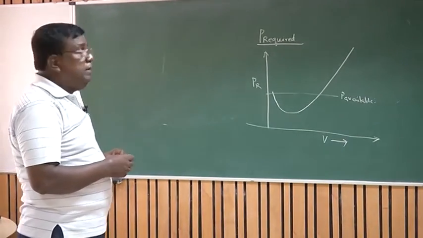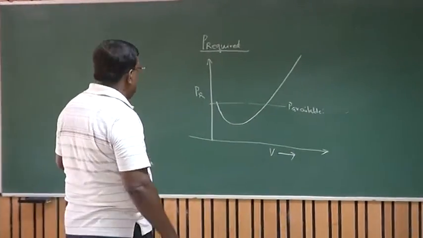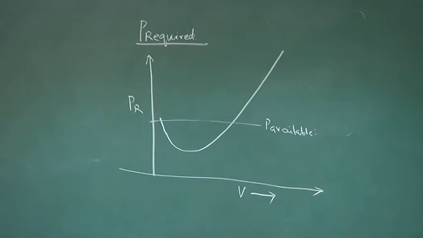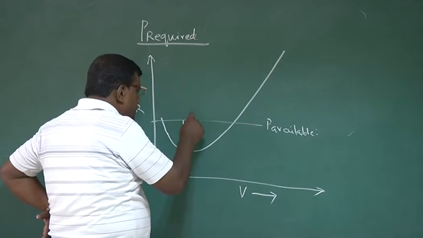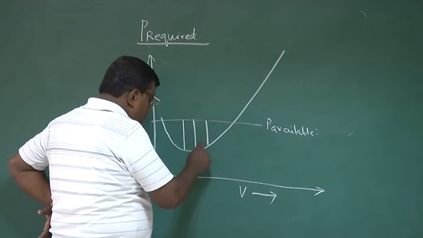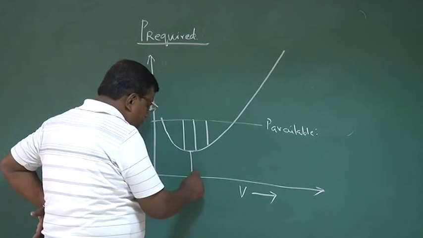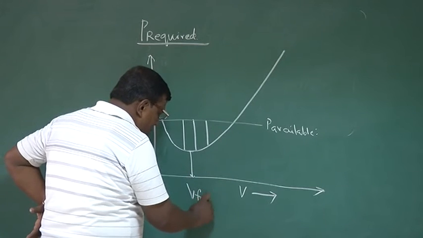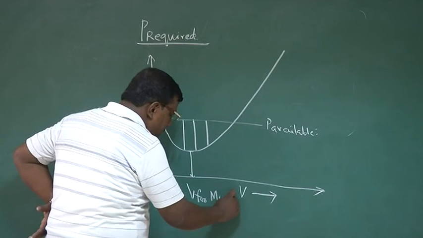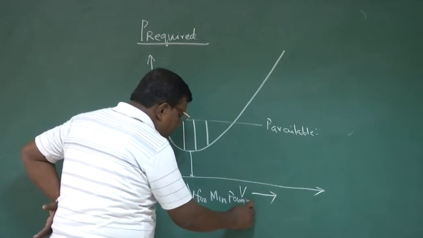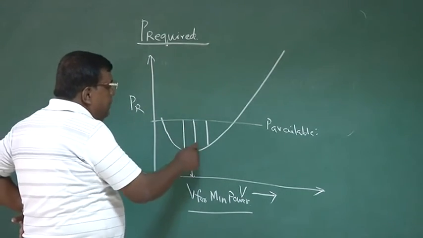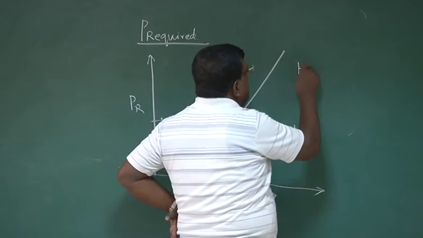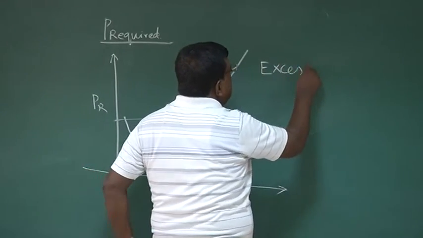In actual practice, please remember, there are secondary effects. We'll be talking about them later. Now let's see here. Here we know that this is the V for minimum power, right? But what is this gap? This gap, as I was mentioning, is excess power.